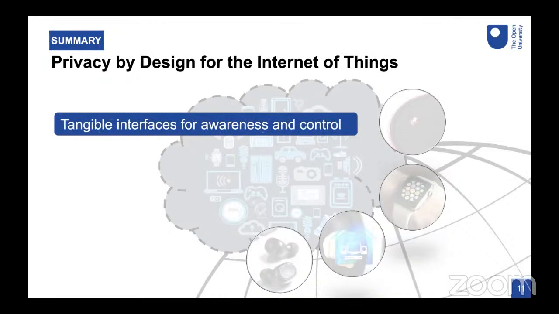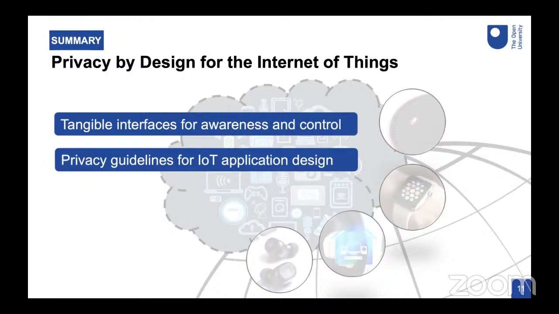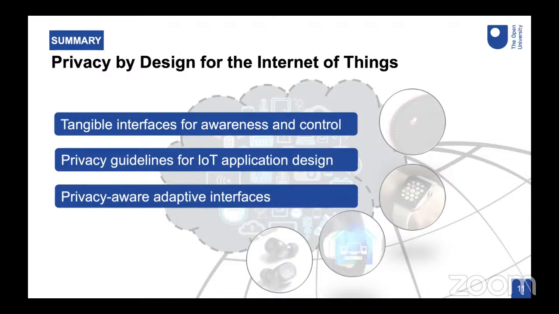We can provide tangible interfaces for awareness and control, use privacy guidelines to ensure that the design of these applications are privacy compliant, and also use the idea of adaptive interfaces to ensure that privacy is available and implemented into the way people interact with these Internet of Things devices.